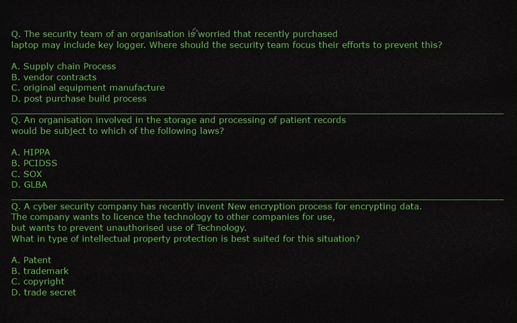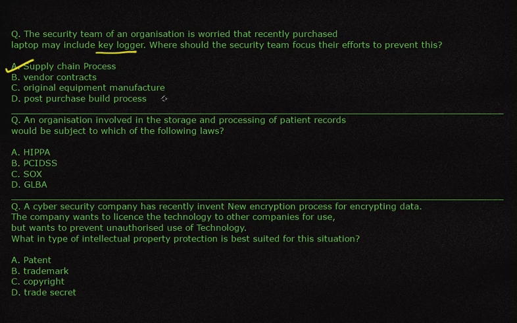Next, the security team of an organization is worried that a recently purchased laptop may include a keylogger. What should the security team focus their efforts on to prevent this? Okay, so they purchased a laptop and they want to ensure that the product does not come with some malicious software. The correct answer to this question is supply chain process.